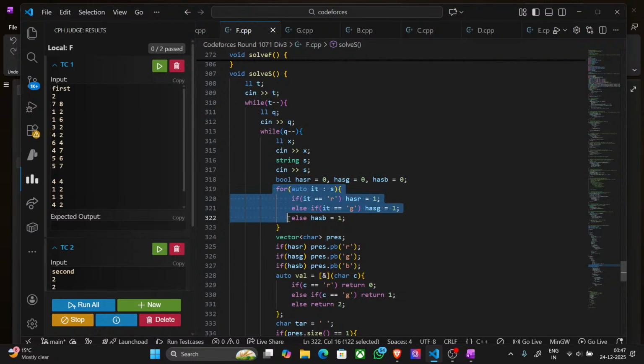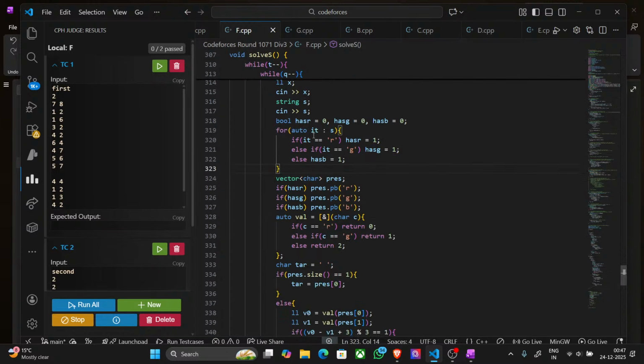And you can just see I have marked all the colors as true if they are present. Then I have taken a vector present. If all three of them are true, I have pushed R, G, and B inside the vector.